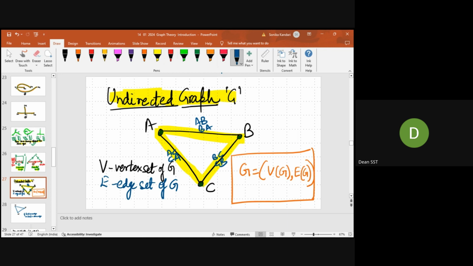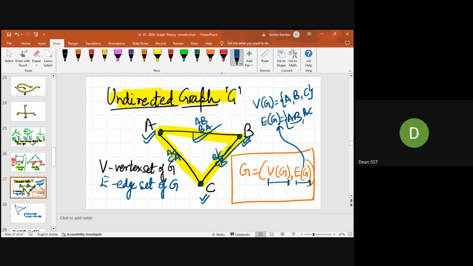And this graph is showing a collection of the vertex set of G and the edge set of G. The vertex set of G is the collection of all the vertices, and here the vertices are A, B and C. And the edge set of G is the collection of all the edges. So the edges are AB, BC and CA. Is it clear?